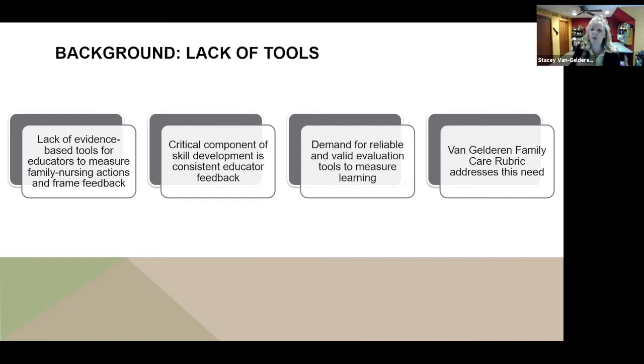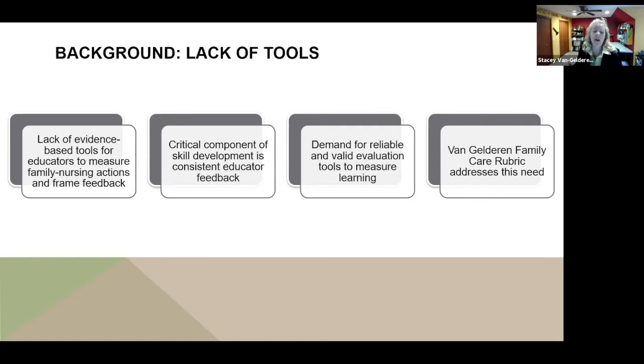So a critical component of skill development is really providing consistent feedback to help develop family nursing practice. And when I first started this, there really was no evidence-based tool to help educators measure nursing actions and frame feedback.